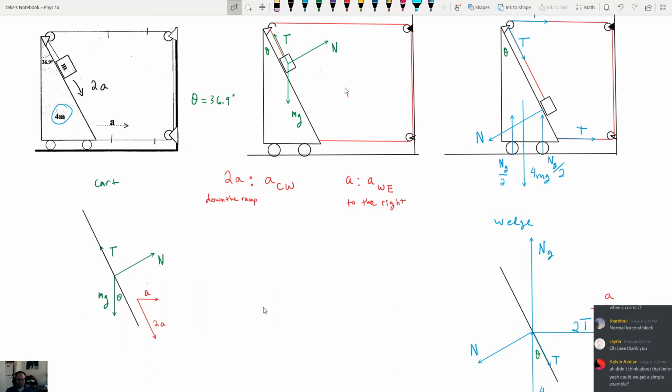If you look at this picture first and this picture second, you can see that the cart moved down the ramp, obviously. It started here and now it's here. But what's probably not so obvious is it has also moved to the right by some distance, by the same distance that the wedge moved, basically. So we're going to need to add those two vectors together. Does that make sense?